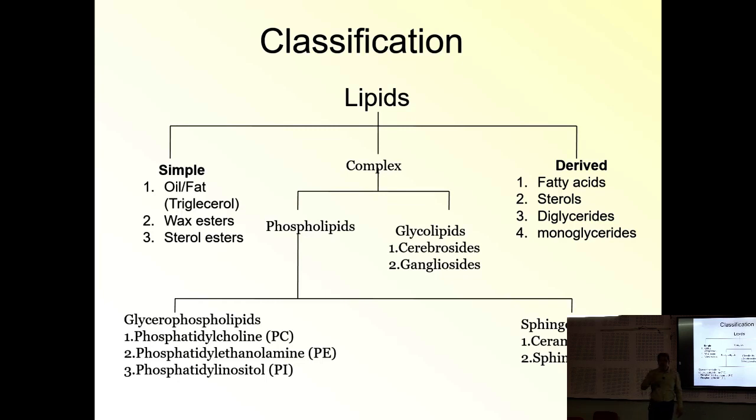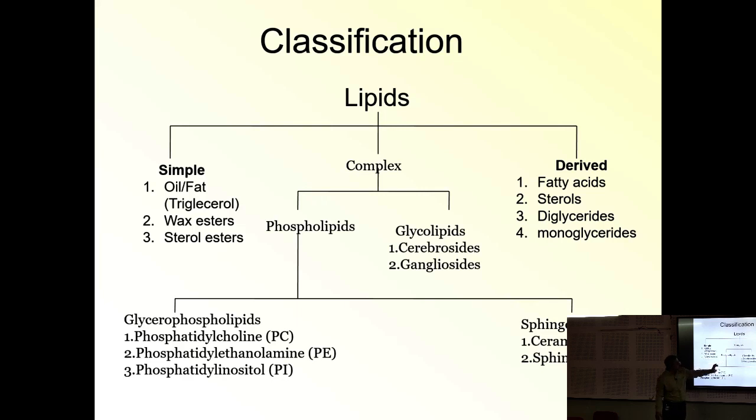Now another term, which is very important in every living being and every organism, the derived lipids. How they are called derived, I will explain by text. One is fatty acids, another is sterols. Here sterol ester is there, so don't misinterpret that word.